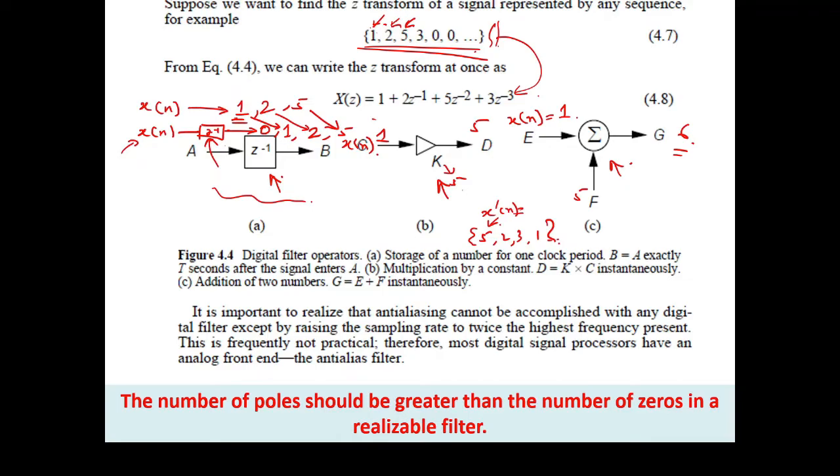Now you may ask, sir, what happens if there is a negative 5 or something? Suppose we write g[n] as a plus b.